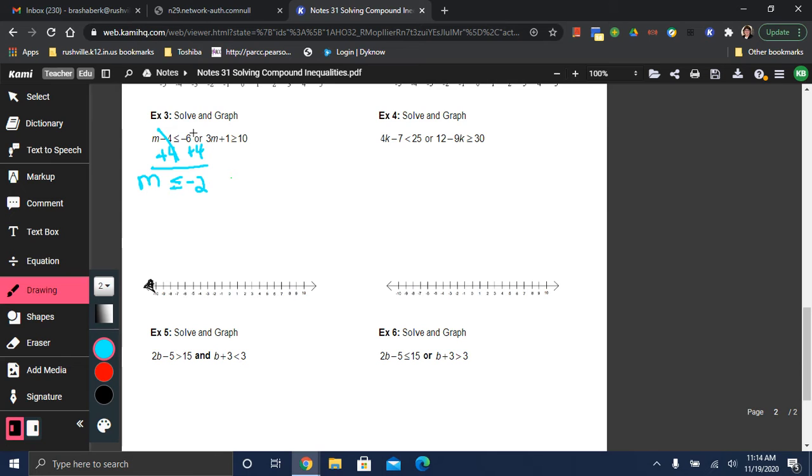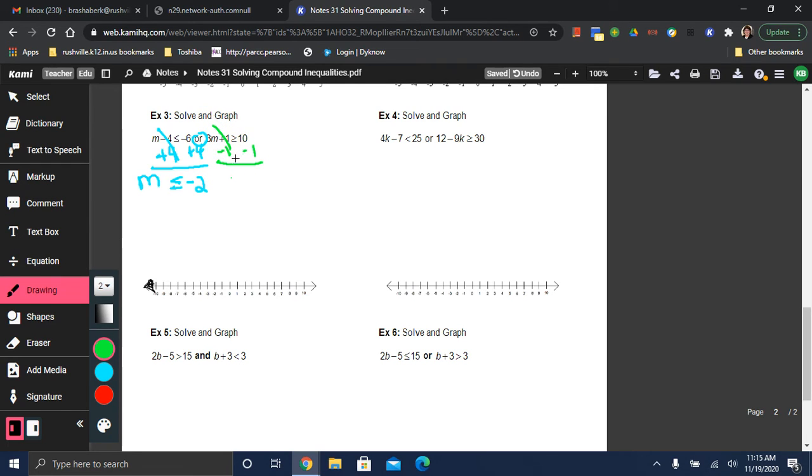Now I want to keep track of the fact that I have an OR problem here. So 3m plus 1 is greater than or equal to 10. I'm actually going to use another color so you can see I'm doing something different here. So I have a plus 1. I need to minus 1 from both sides of the inequality.